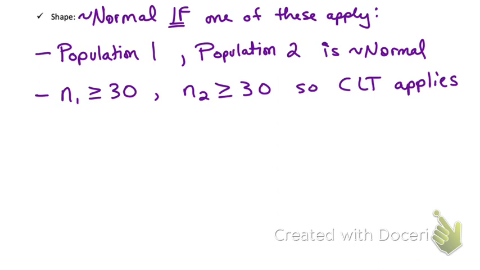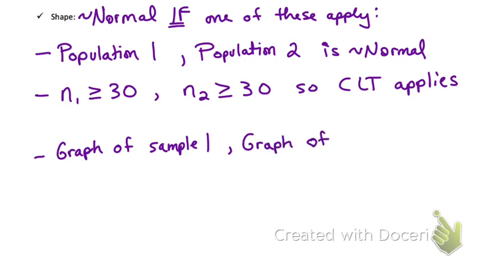Does everybody remember what CLT stands for? Central limit theorem. Or it could be that the graph of sample 1 or graph of sample 2 shows, what are we hoping not to see on those graphs?